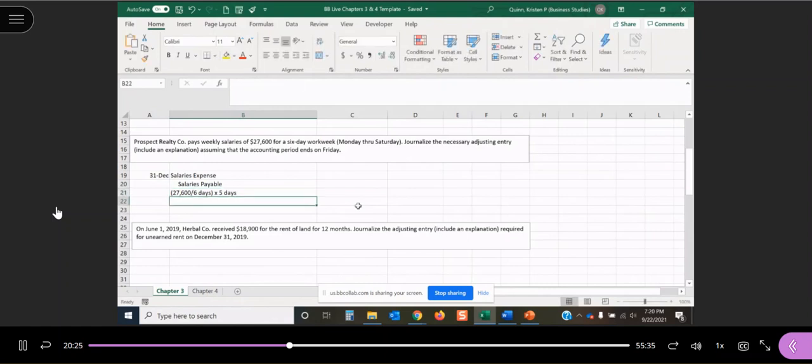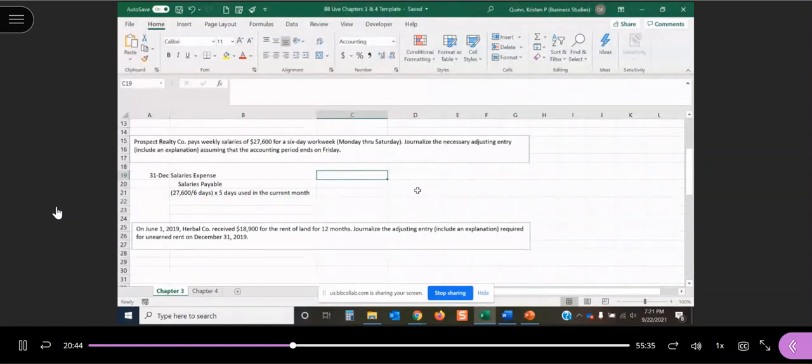So we have to then multiply it by how many days that were earned in this current month or used in the current month. So 5 days they worked for me in December. They helped me run and operate my business in December. They helped me generate revenues for my company in December. So those 5 days need to be included as an expense for my business in December.